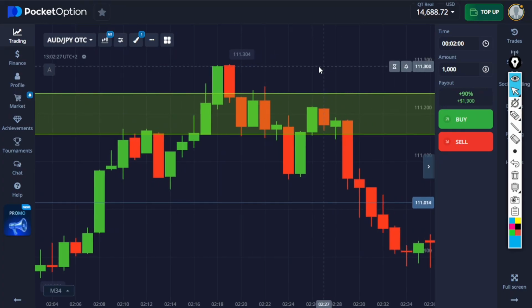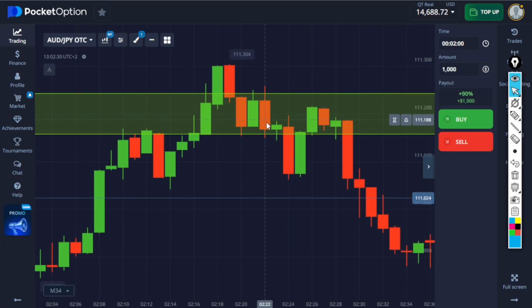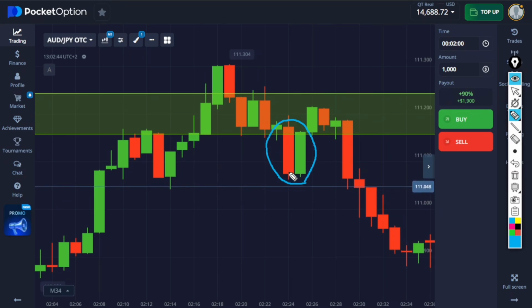Now, where would the trade have closed if we opened a 2 to 5 minute sell position here? This one is a little interesting. So if we take a look here, the first 2 candles, actually the second and third candle, so these 2 here, had you opened a 2 or 3 minute sell position, the trade would have played out.